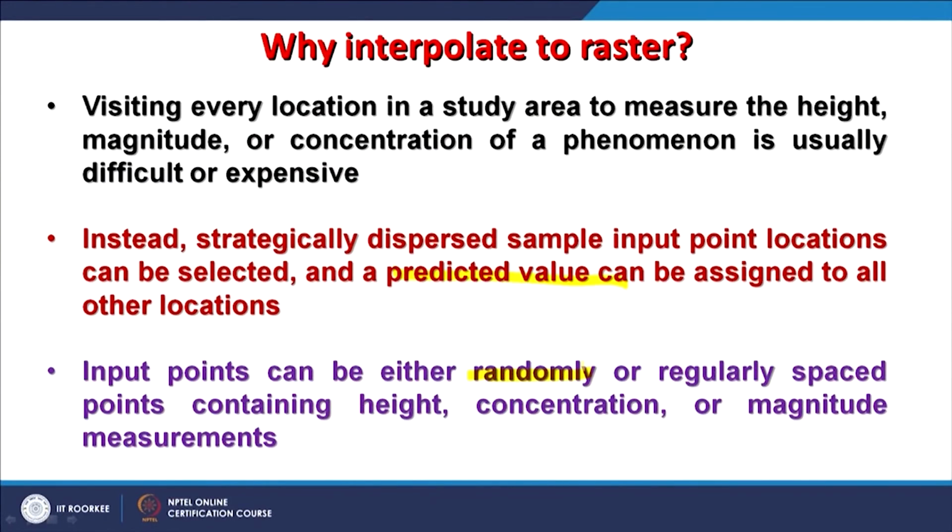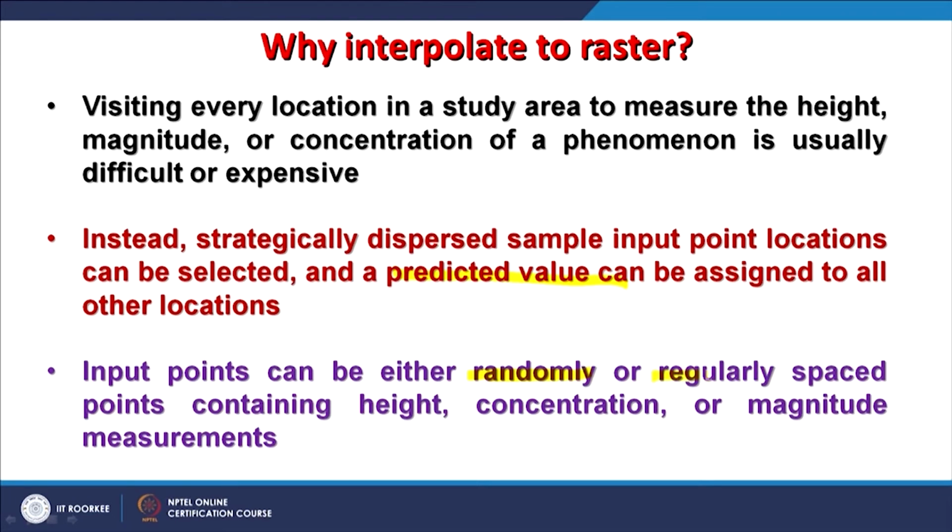Now, for these input points, in one previous example we saw systematically or regularly spaced points, but generally that is not possible in the real sense. Even if you are using survey topo sheets and you have already digitized the point heights, they would basically be distributed randomly.